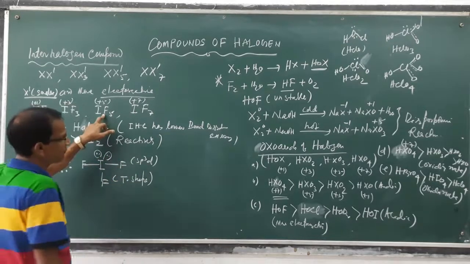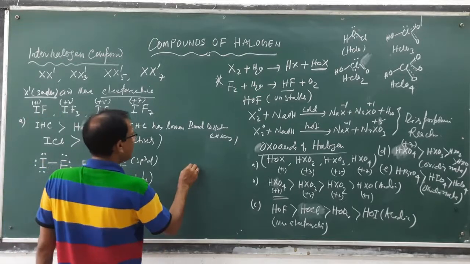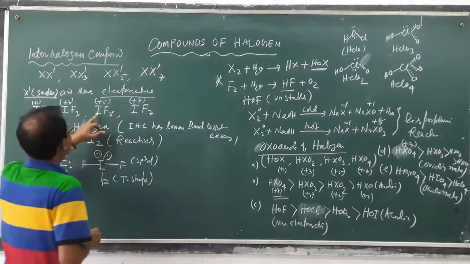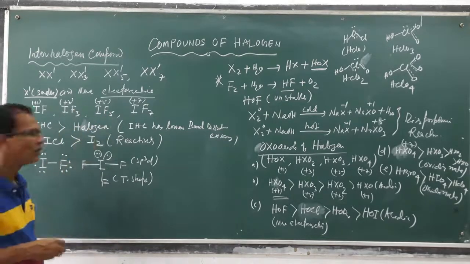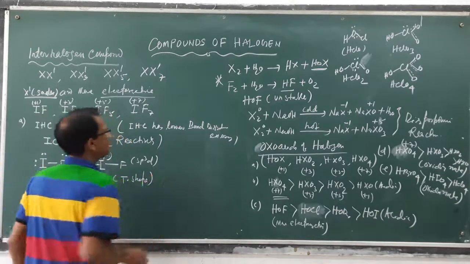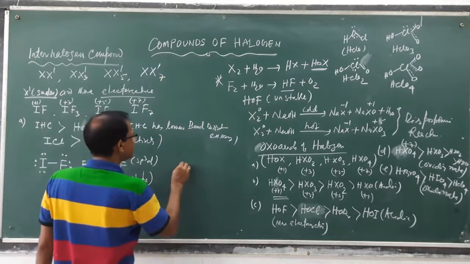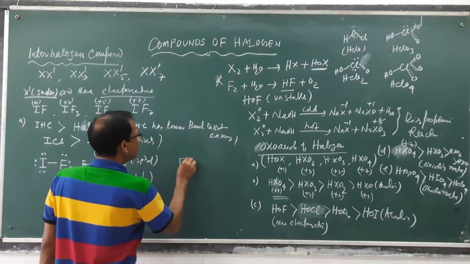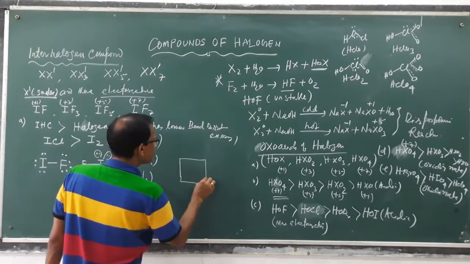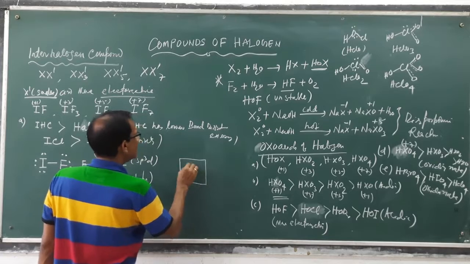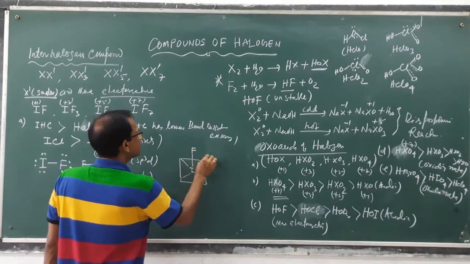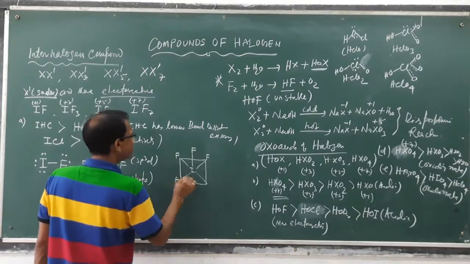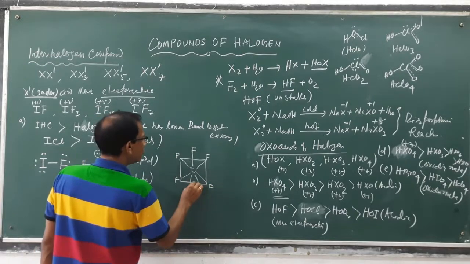Similarly, IF5: iodine is here. Out of 7 electrons, 5 are shared with 5 fluorines, and the remaining is one lone pair. So its shape is square pyramidal. Square pyramidal shape means iodine will be here with fluorines around, and one position will be the lone pair.